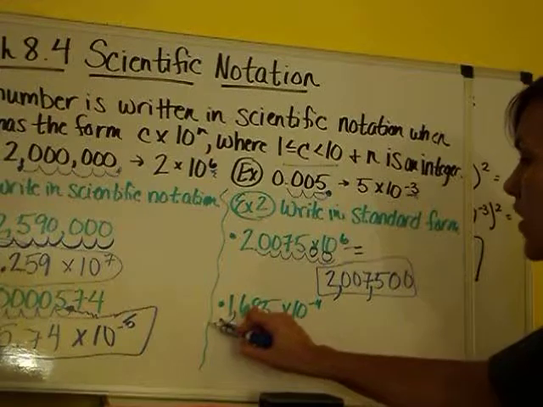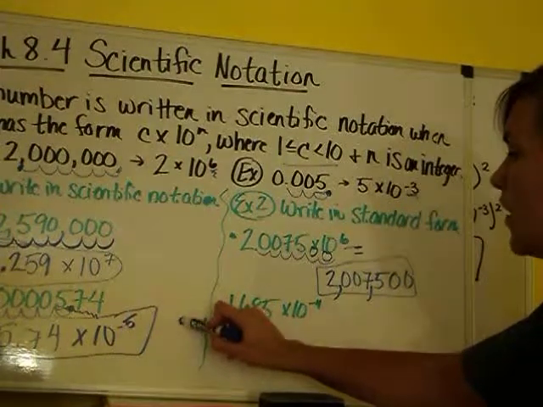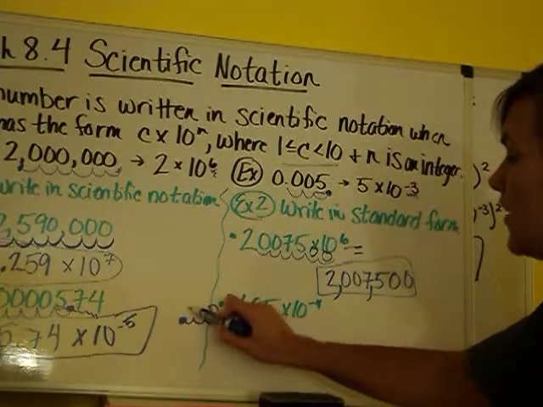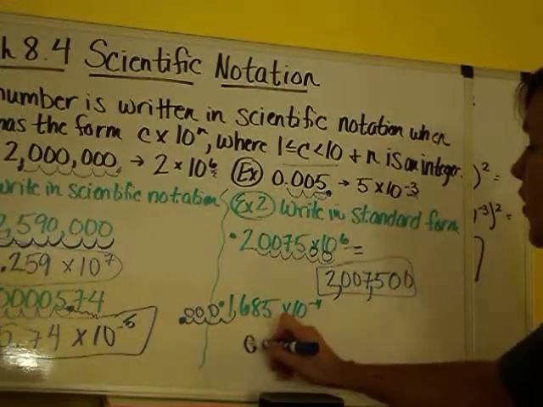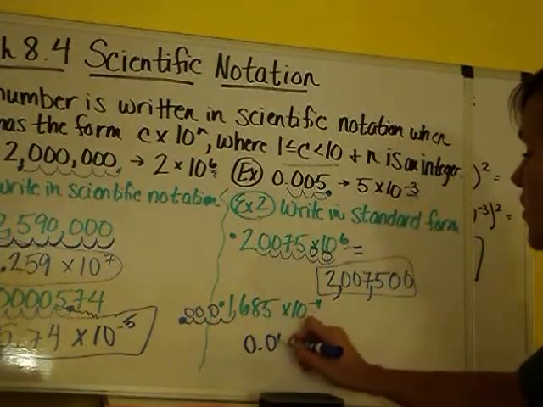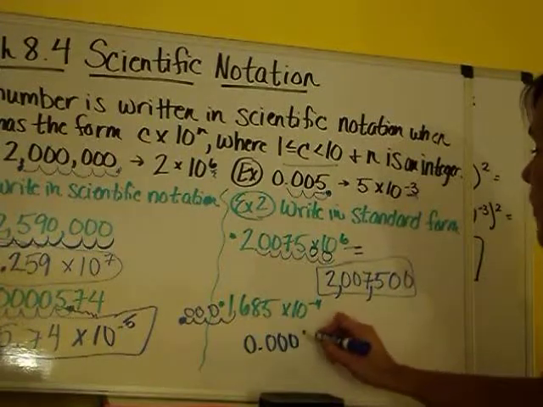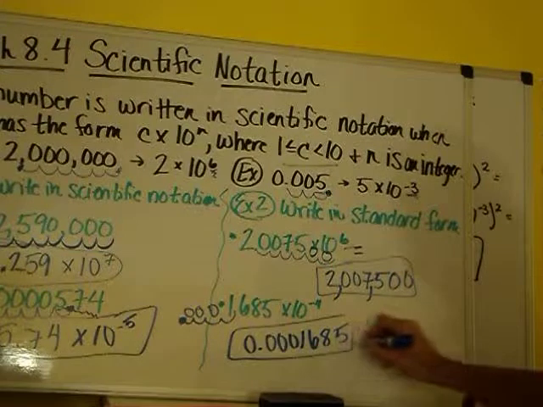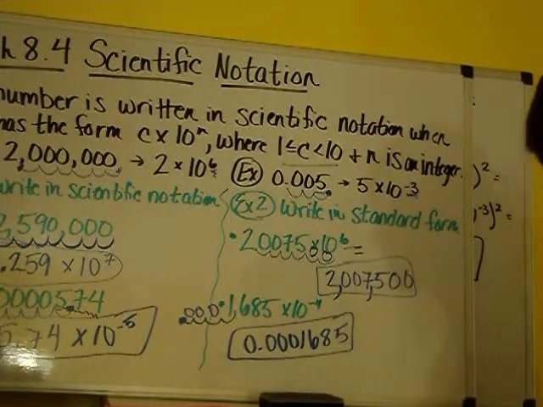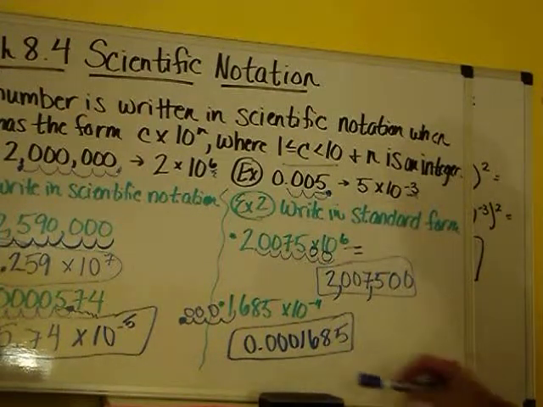So I'm going to go 1, 2, 3, 4. I put in zeros wherever I have blank. So the number in standard form that I actually have is 0.001685.